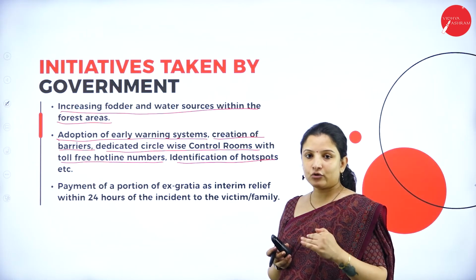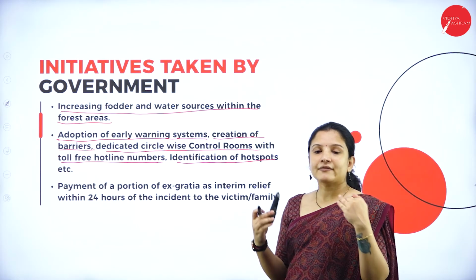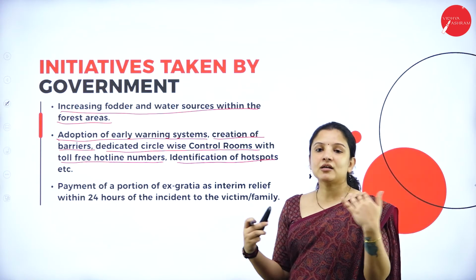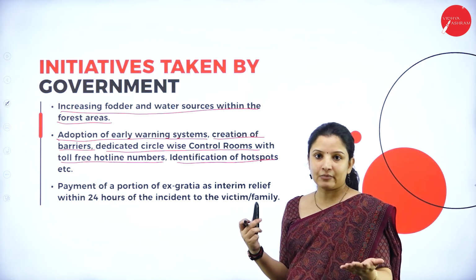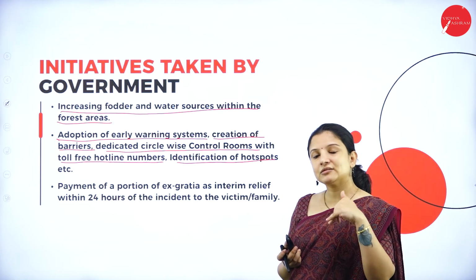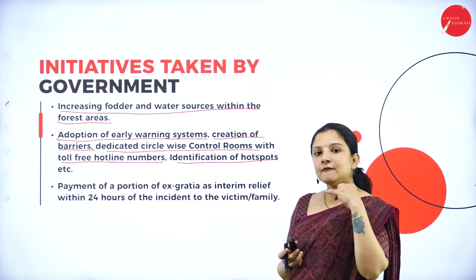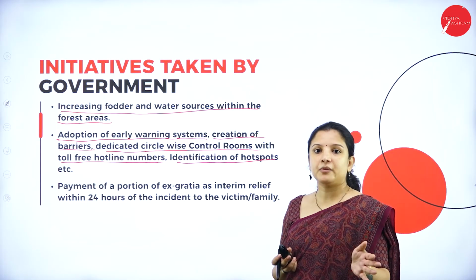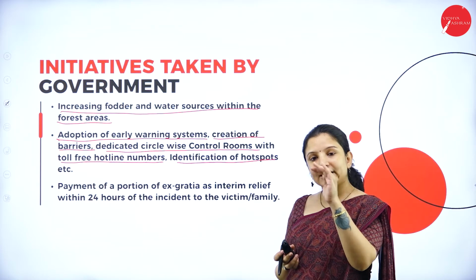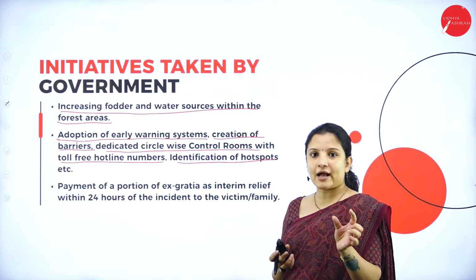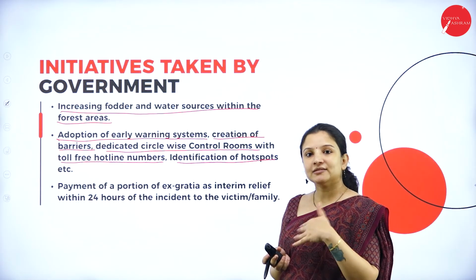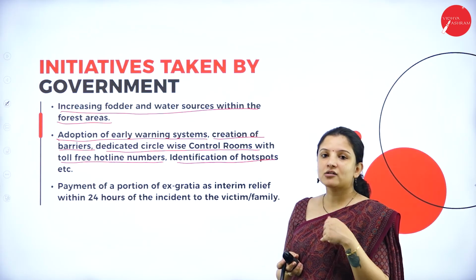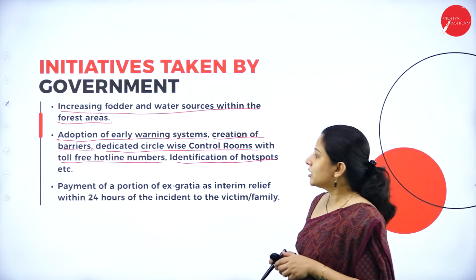If they come to know beforehand that a herd of animals, for example a herd of elephants, has changed its direction and is coming towards the village, then based on satellite imaging and all that, the people themselves can be warned, wherein they can use some methods to allow the wild animals to flee from that particular area, or the people can leave that area for a duration of time and allow these animals to pass and then go back to their settlement. So if early warning signs are given, then the chances of human wildlife conflict can be prevented.